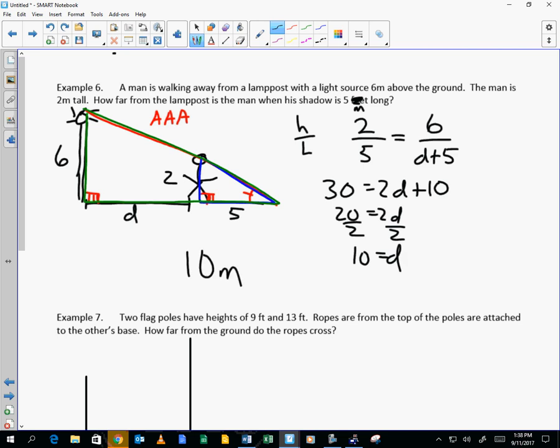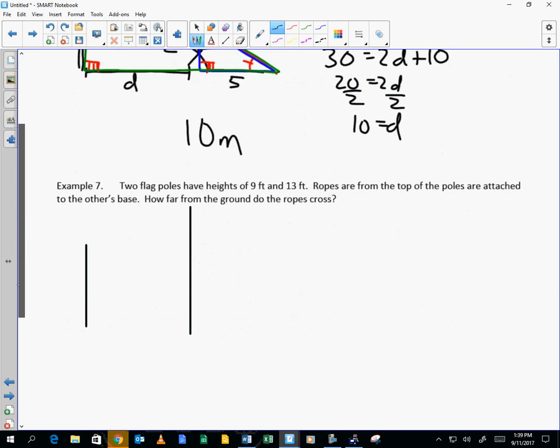So he's 10 meters away from the lamppost. So, yeah, exactly. Gigi, if you would have set it up like that, you came up with 15 and you subtract off the 5. That's what's hard to see.